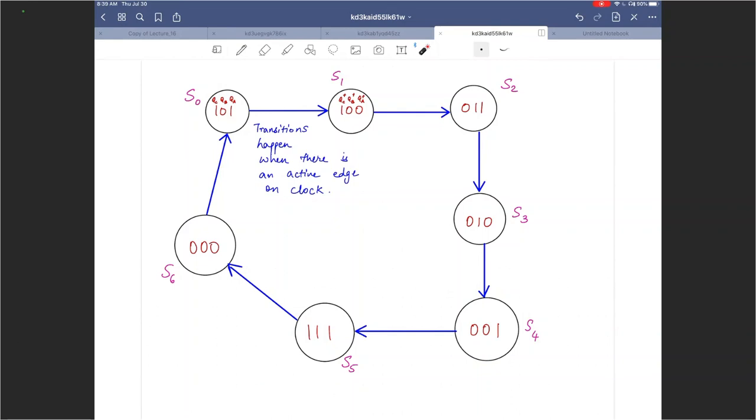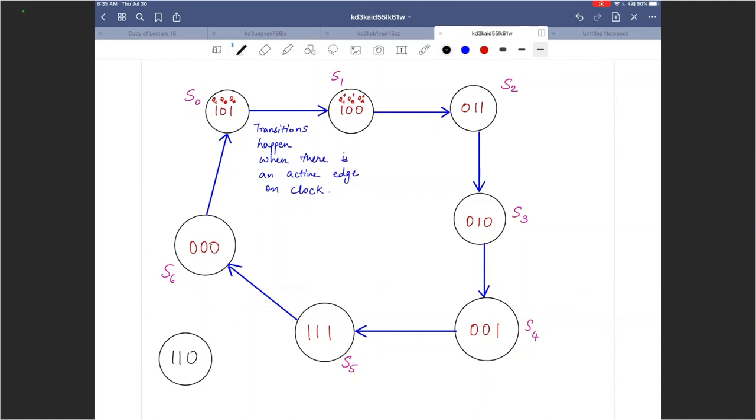If it randomly powers up at 3, it will go to 2 next and be in this loop. The question is, what if it randomly powers up in a completely different state, which is 1, 1, 0? What happens then? Where does it go?